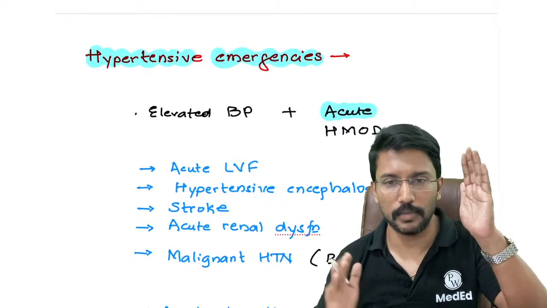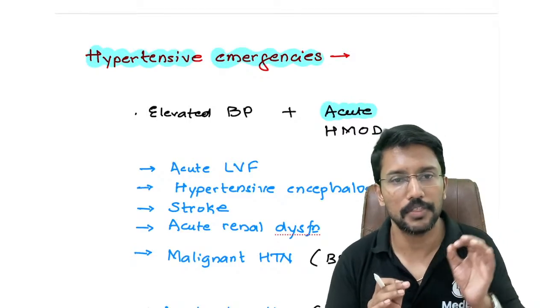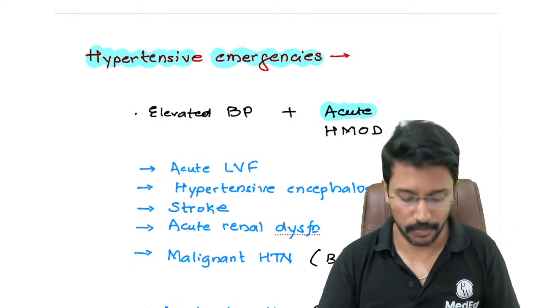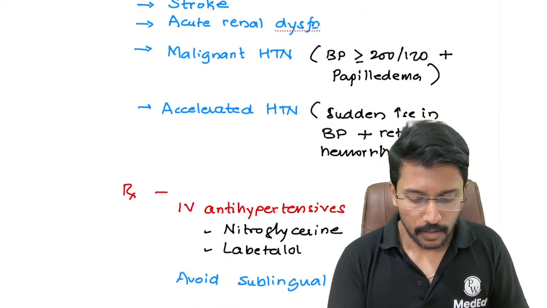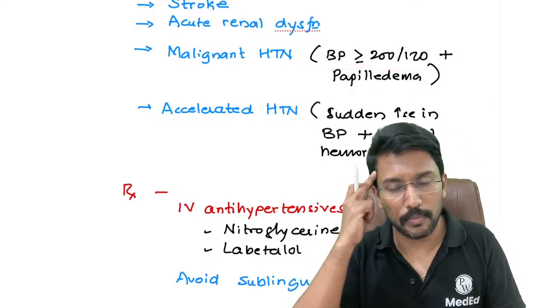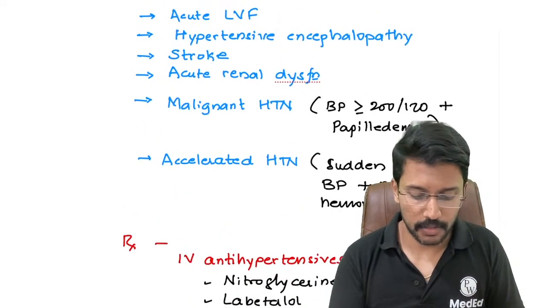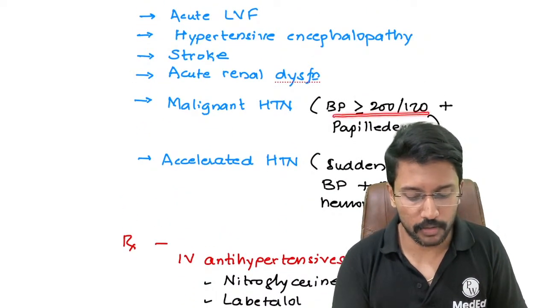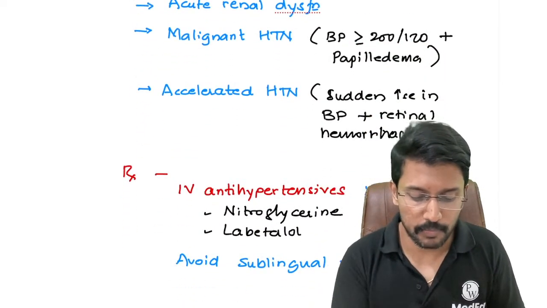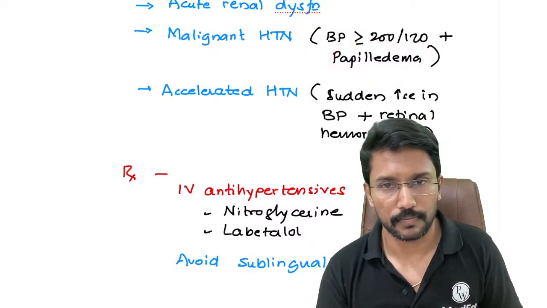BP is suddenly shooting up, causing acute hypertension mediated organ damage. Malignant hypertension is one type of hypertensive emergency where the acute hypertension mediated organ damage has mainly resulted in cerebral edema, resulting in papilledema. So if you have a patient with BP suddenly shooting up to more than 200 by 120 and develops papilledema, then we call it malignant hypertension.